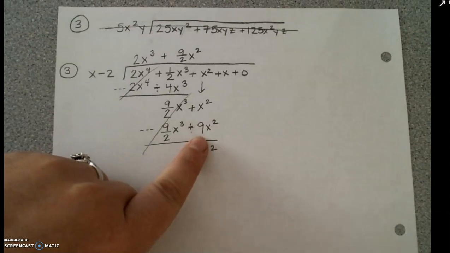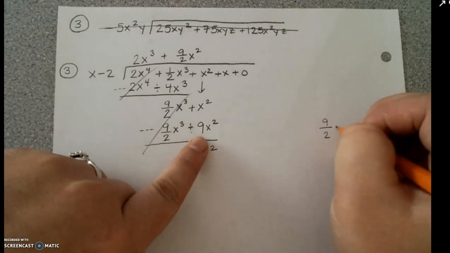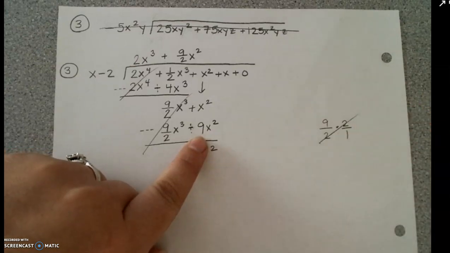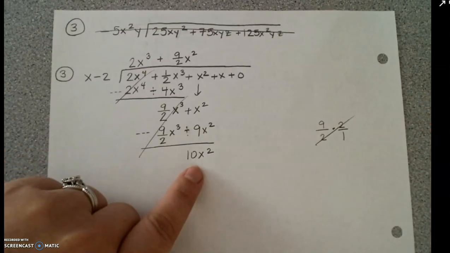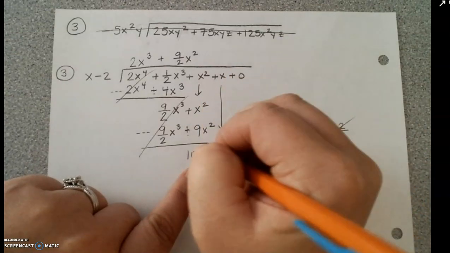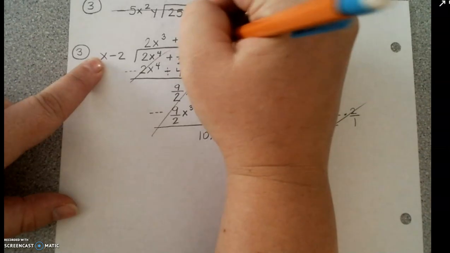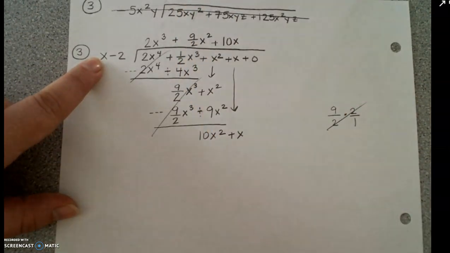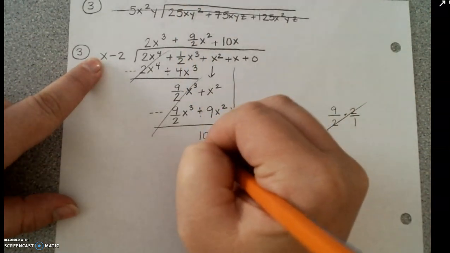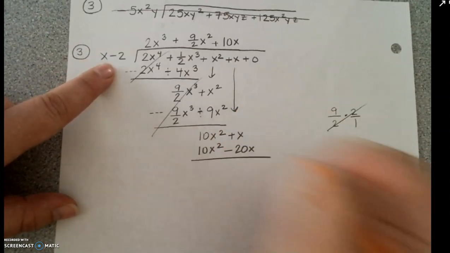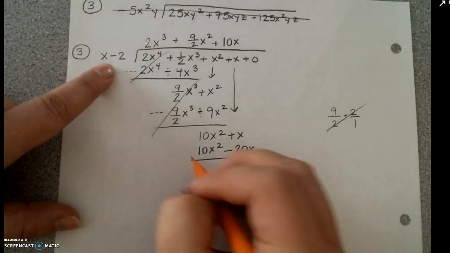Now the reason why this was 9 is 9/2 times 2, I can cross simplify, and it just becomes 9/1. Bring down my x. x to 10x squared, 10x. That gives me 10x squared minus 20x. Subtract.